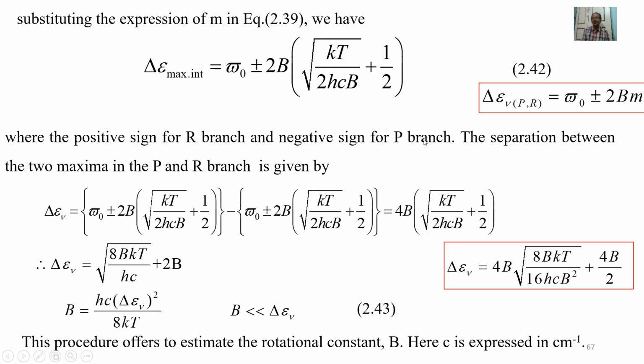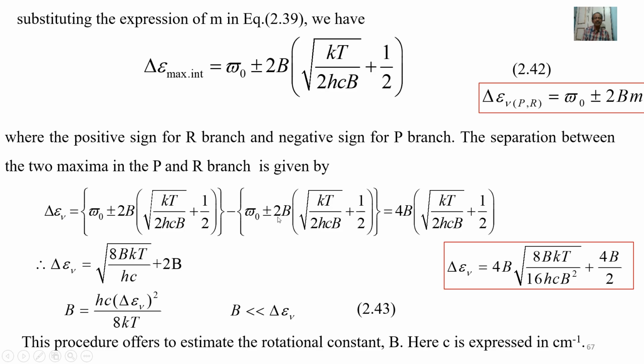Now let us calculate the separation between the two maxima in the P and R branch, which is given as this minus this. So we have the separation between two maxima, del E nu, which is equal to this minus this.